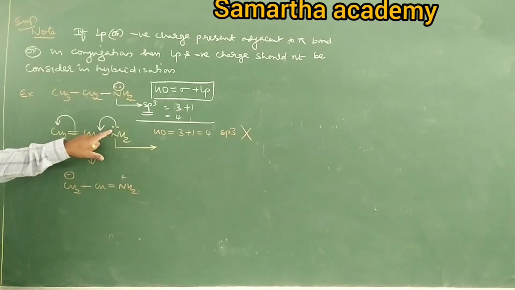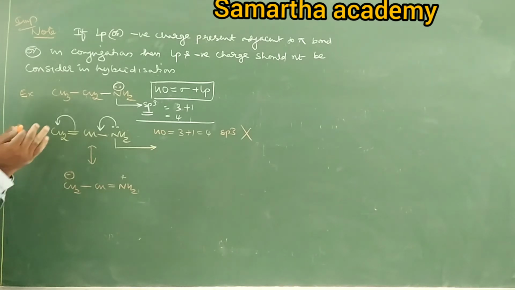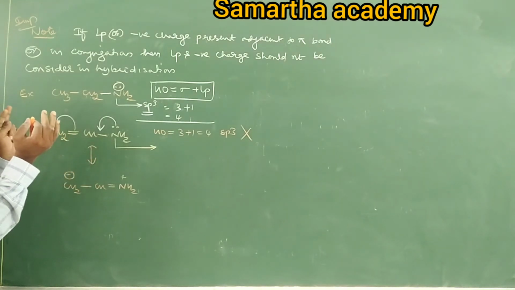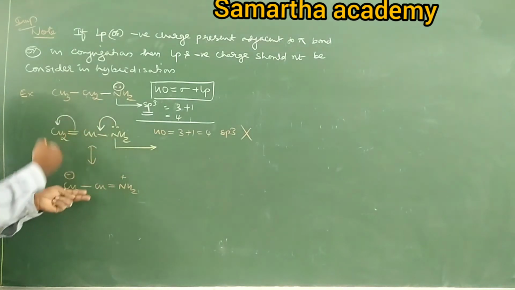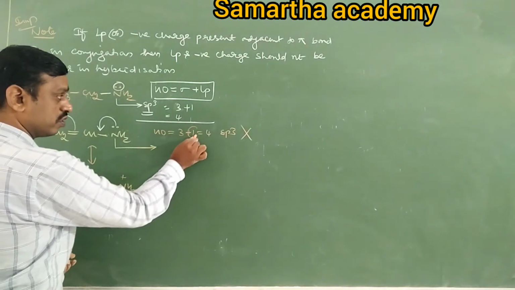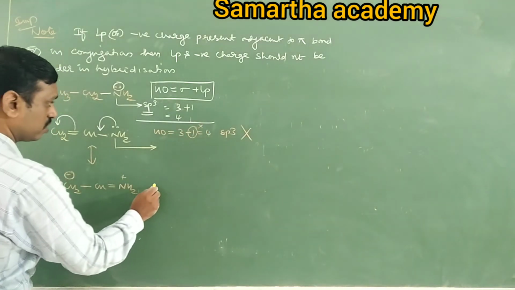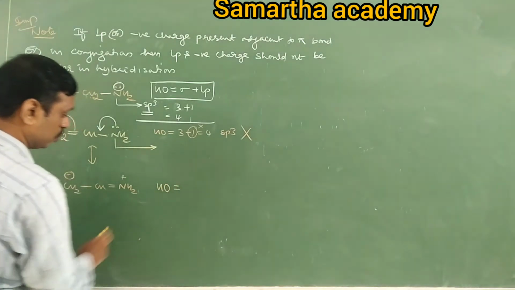There is a lone pair, but are the lone pairs localized or delocalized? Delocalized. Delocalization means they are not free, they are not located on a particular atom, they are shifting. When electrons are delocalized, you should not consider them in hybridization. That is wrong.